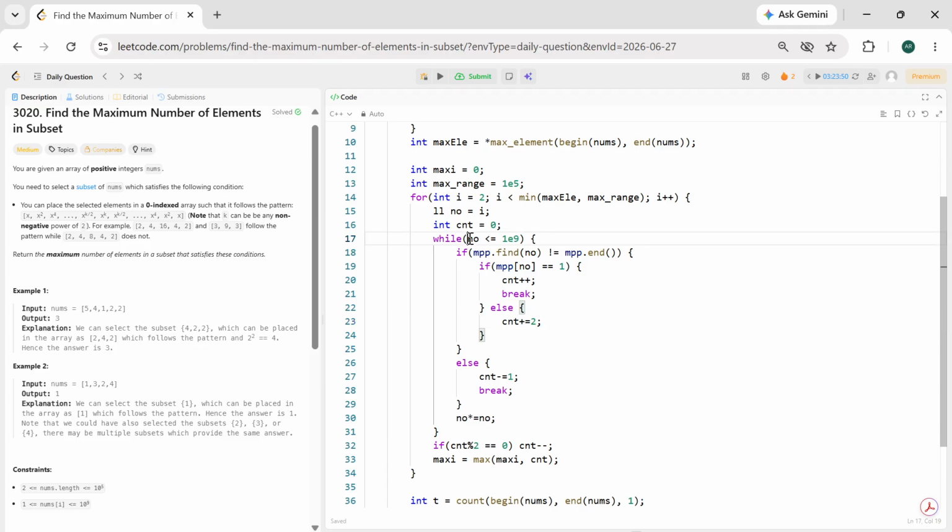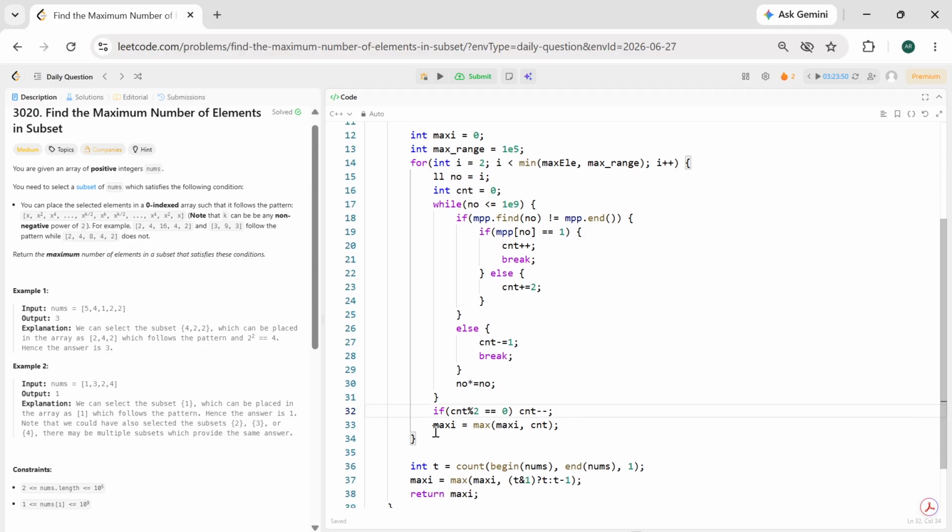But due to this condition, you fall out of the loop. So if the counter is even, you know that your length is always odd, that is why you decrement it by 1, and finally you have to compare it with the maximum, because you want your final array length to be maximized as much as possible. That is why I have written this thing over here.